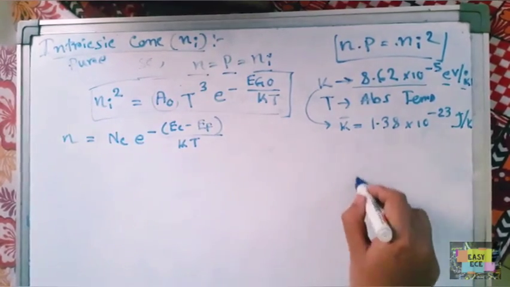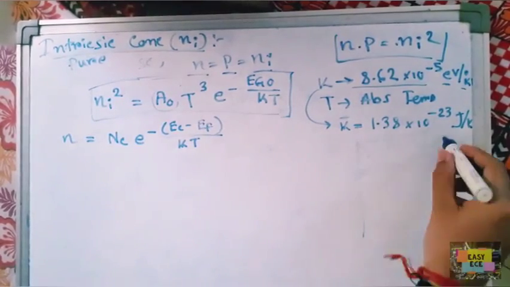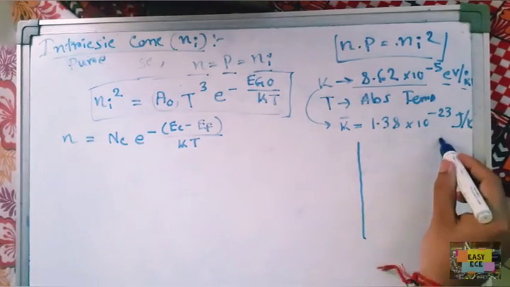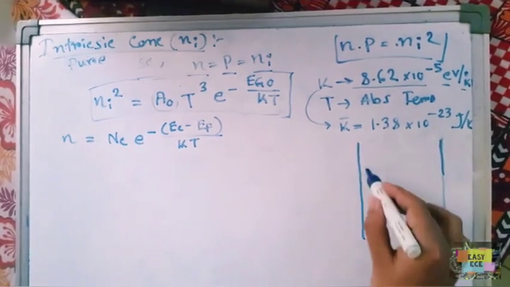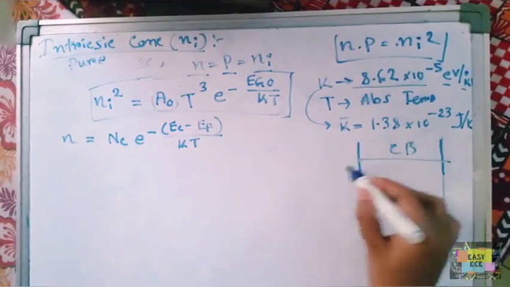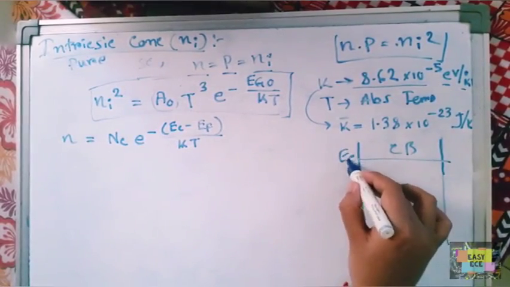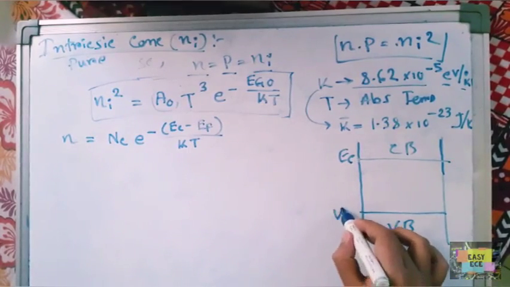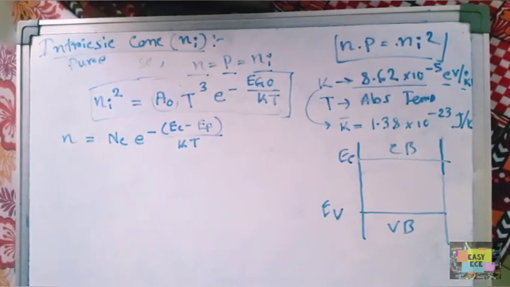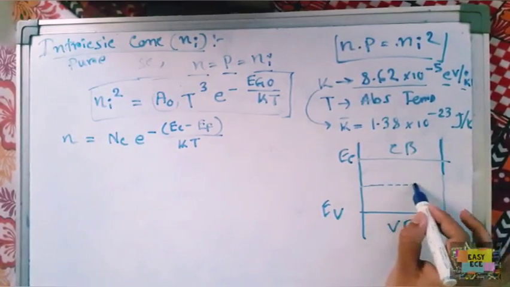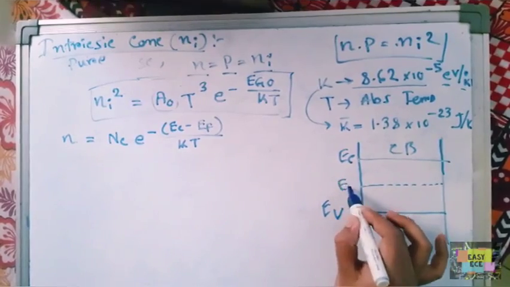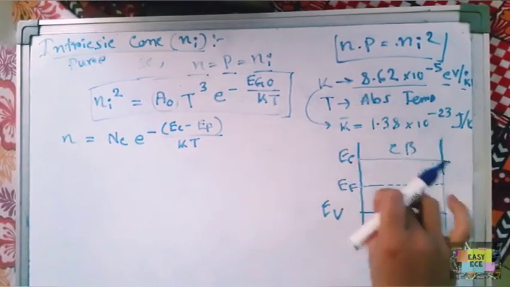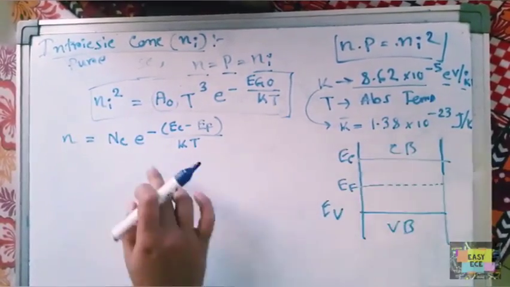If we draw the energy band diagram here, this is the conduction band, so the energy is denoted Ec, and here is the valence band, so this is Ev. Now this is the Fermi level, denoted Ef. So this is Ec minus Ef, that is the electron concentration by kT.